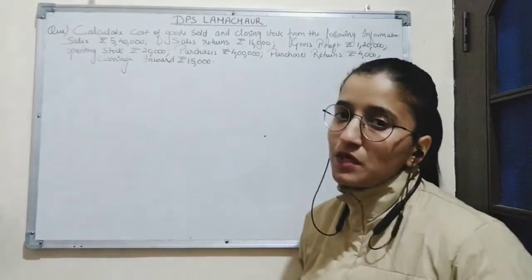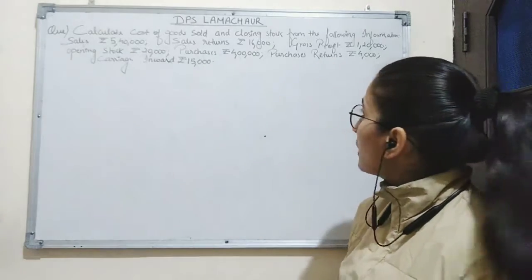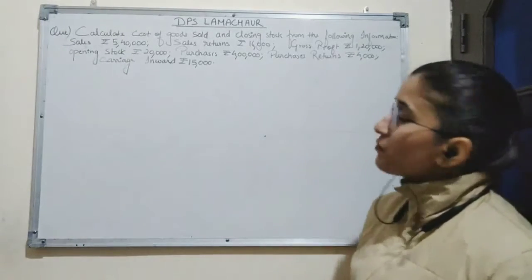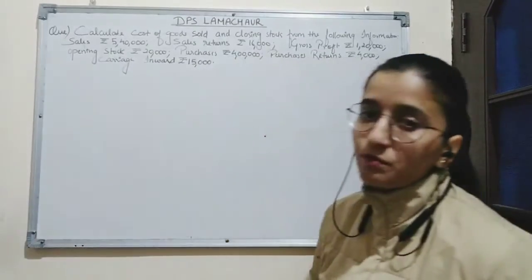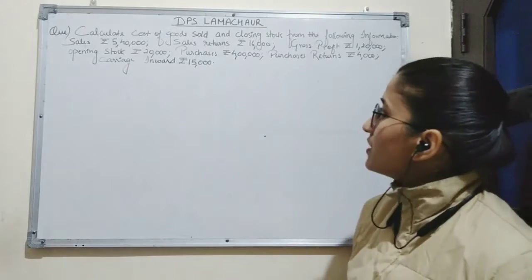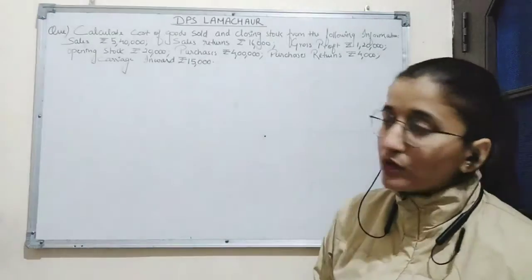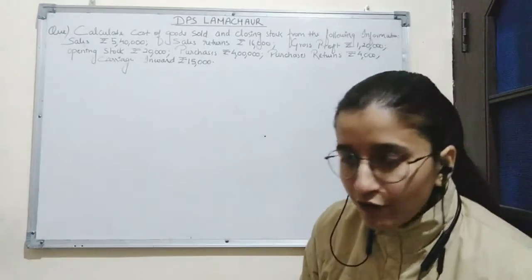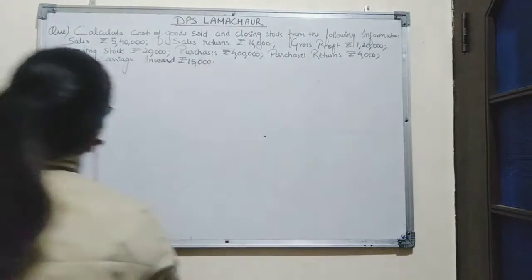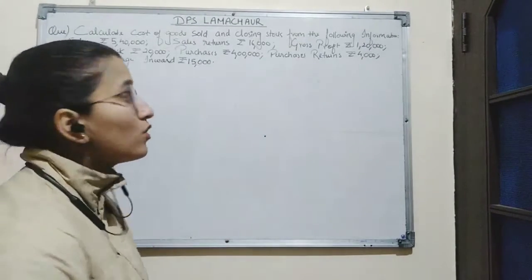Sales amounting to rupees 5,40,000, sales returned rupees 16,000, then gross profit rupees 1,20,000, opening stock amounting to rupees 20,000, purchases rupees 4 lakh, purchases returned rupees 4,000 and carriage inwards amounting to rupees 15,000. So here we have to calculate the amount of cost of goods sold and closing stock.